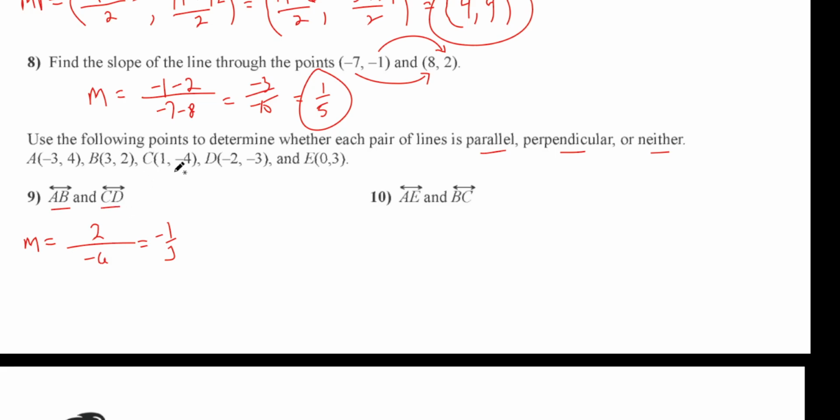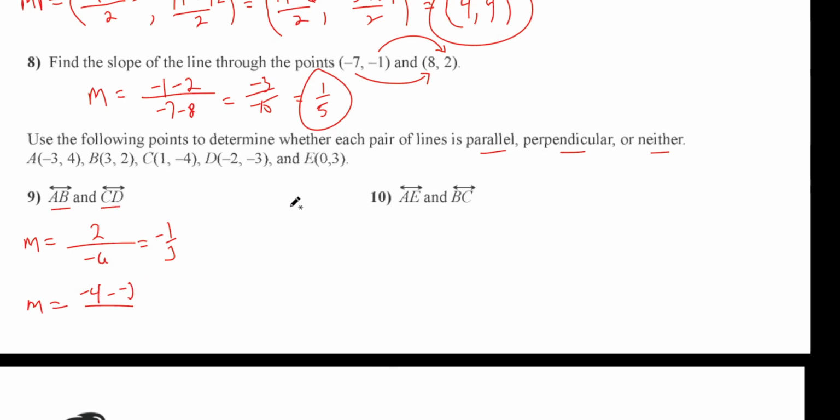Now let's find the slope of CD, these two right here. See how quick and easy it is once you know how to find the slopes? And if you know your arithmetic, it's easy, all right? So let's subtract the y's again. Negative 4, now this is a little complicated. Negative 4 minus negative 3. It's minus a negative. What's going to happen with that? It's going to add.